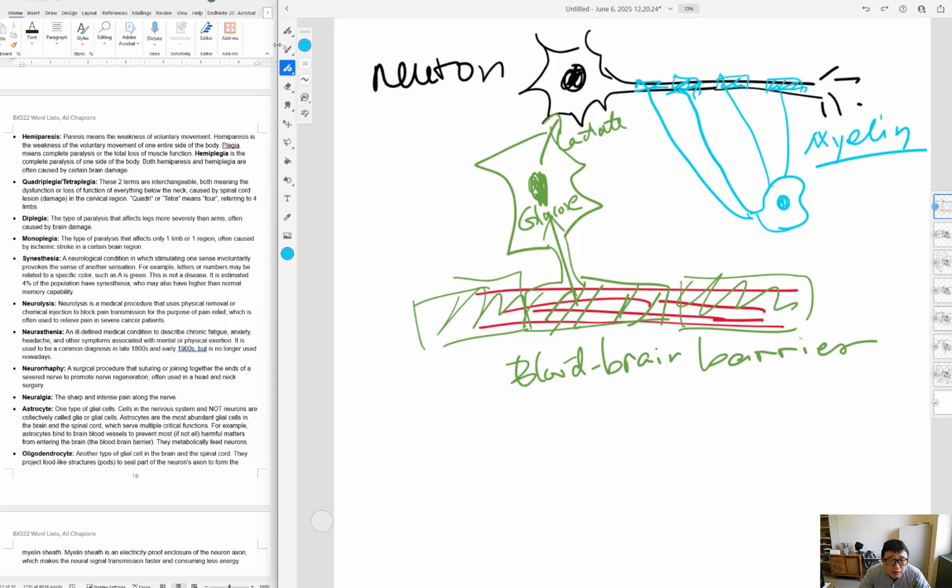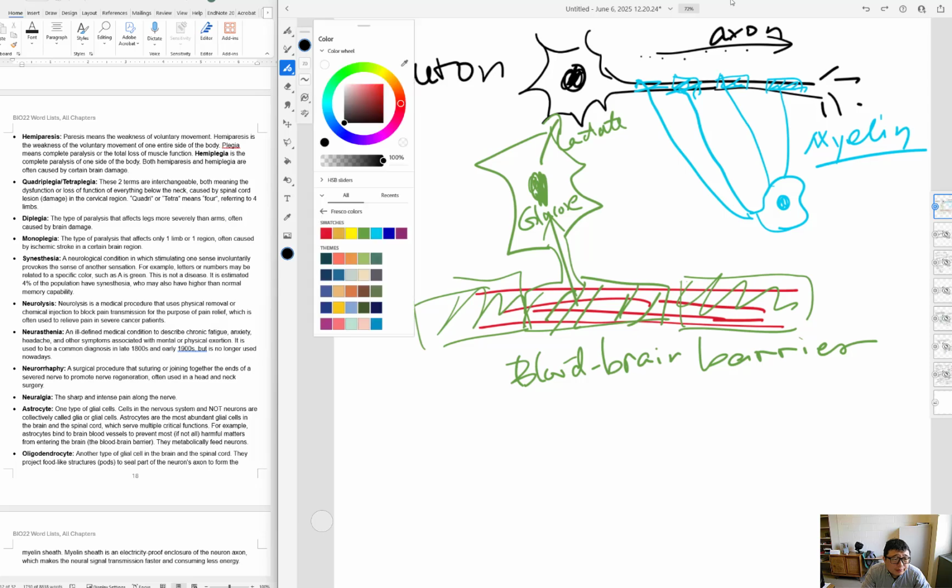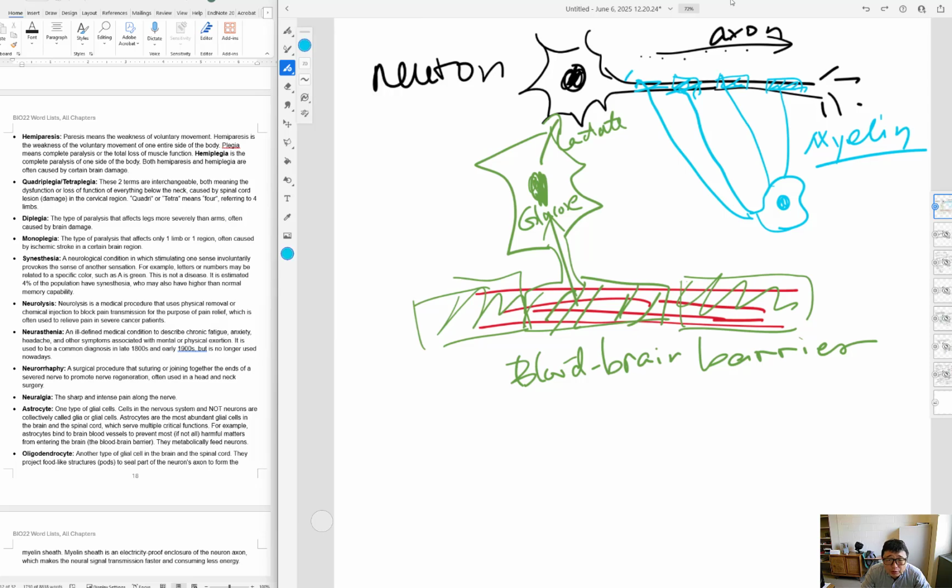Myelin sheaths are kind of the electric insulation wrapping of this long shaft we call the axon. Along the axon, you have the neurotransmission from here to here. Without the myelin sheaths, the signal just goes step by step, slow and consuming a lot of energy. But with the myelin sheaths, the signal jumps from one place to another, faster and consuming less energy. And oligodendrocytes form the myelin sheaths in the central nervous system.